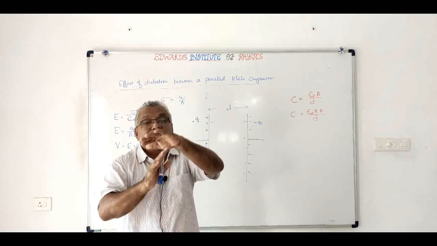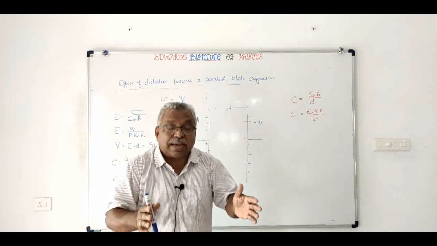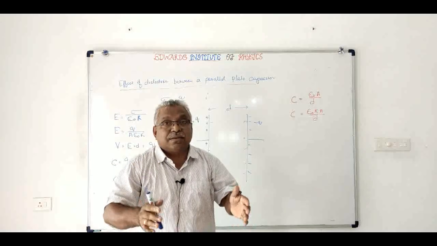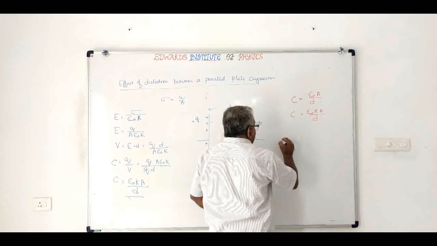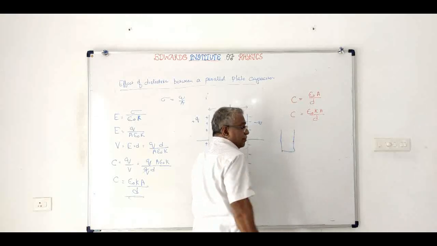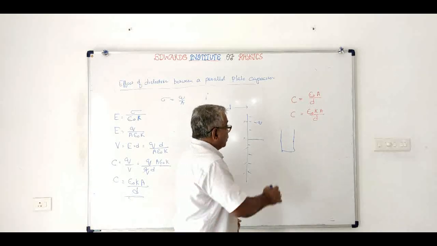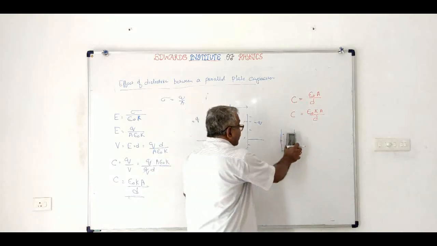So you can add more charges. That is equivalent to adding to the height of the water tank. You are having a water tank like this, and when you add a dielectric, what really happens is you are adding the height. So its capacity will increase. That is what is happening.